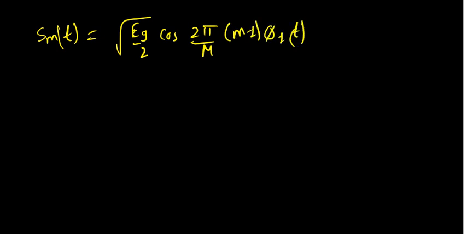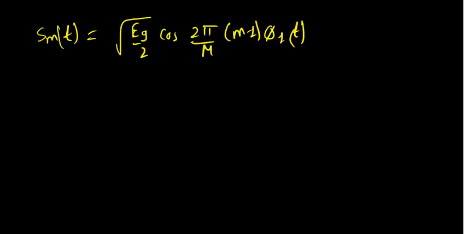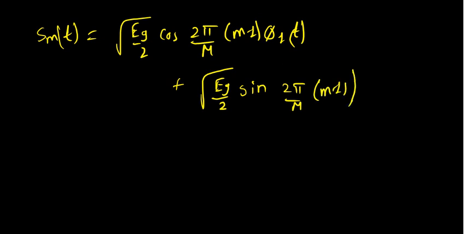Since phi 1 of t has the scaling parameter 2 by Eg, in order to compensate for that we have Eg by 2. Similarly, the plus sign will be there because we already considered the minus sign in our phi 2 of t. So sine 2 pi by M into m minus 1, times phi 2 of t.